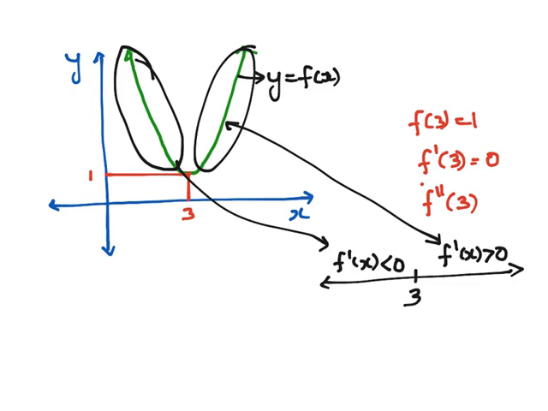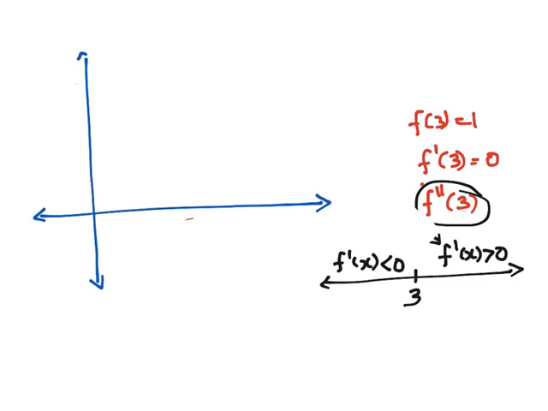So let me draw the graph of the derivative function. From that I can find out whether this f double dash of 3 is positive or negative or 0. Okay, let me draw it now. So this is x and this is f dash of x, so it will be a linear function f dash of x. It will intersect the x-axis at 3, isn't it? Because f dash of 3 is 0, so let's say 3 is here.